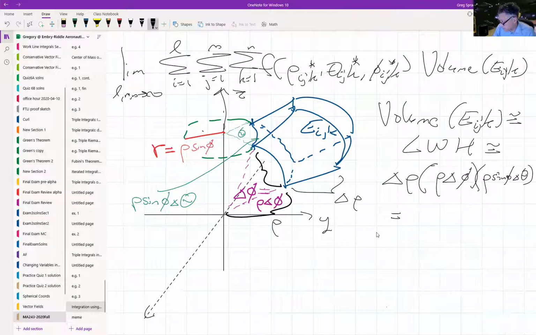And the volume of the box simplifies to rho squared sine phi delta rho delta phi delta theta.